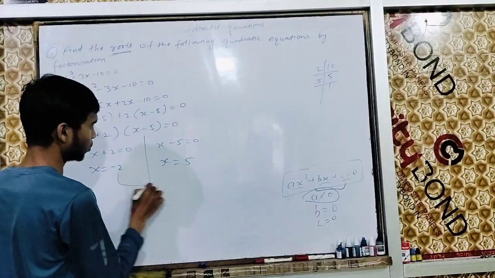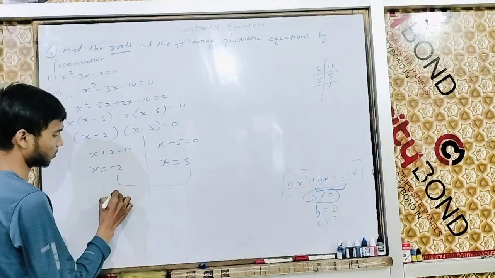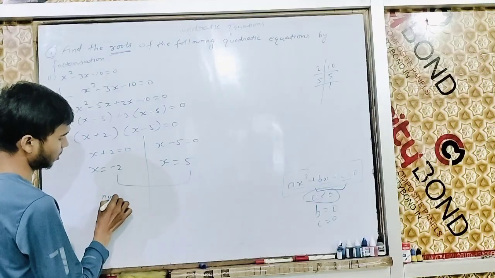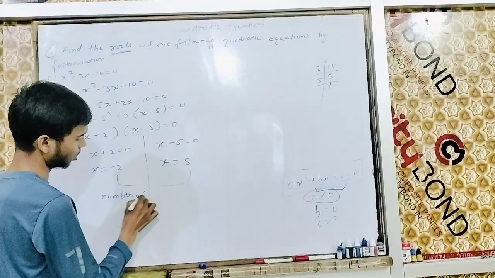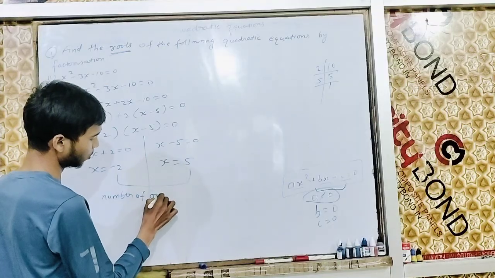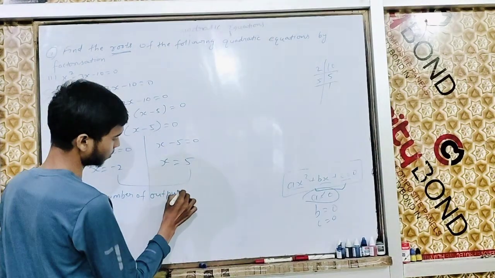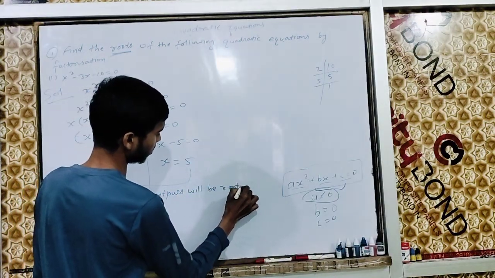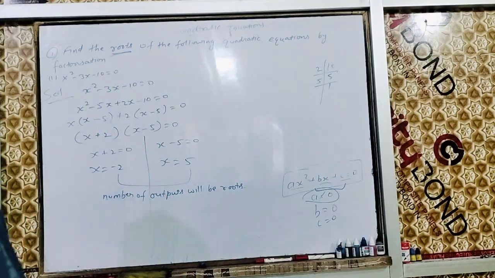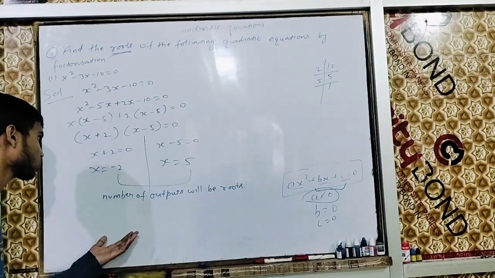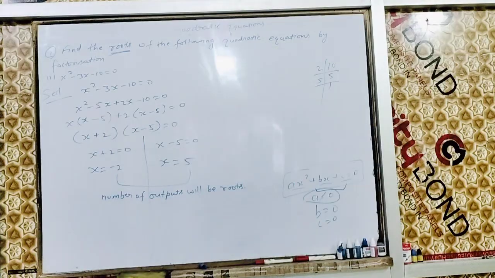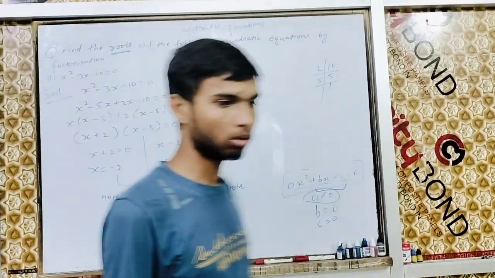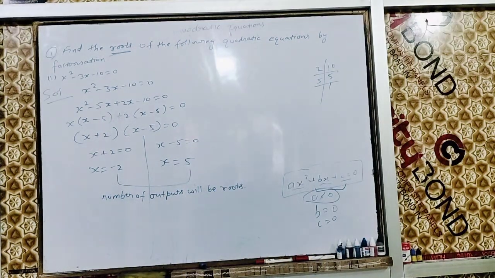These outputs will be roots. Okay, so the roots are minus 2 and 5. This was our first question, to find the roots.